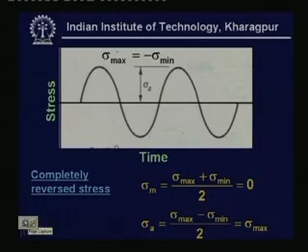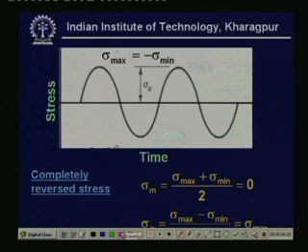In this case, you can see the magnitude of the stress, which we call sigma max, is the same in the reverse direction, having a negative sign. So, sigma min equals minus sigma max.